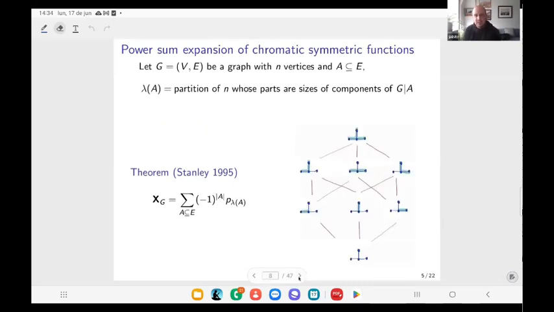As an example, I take this graph here. This is the empty set of edges, and the cyan color tells you which edges are being selected.